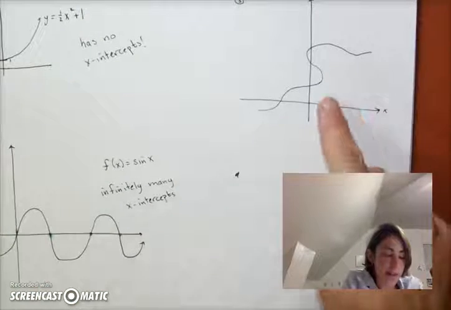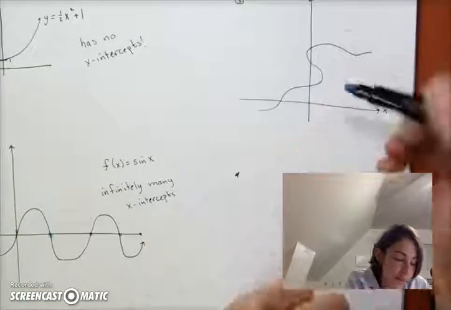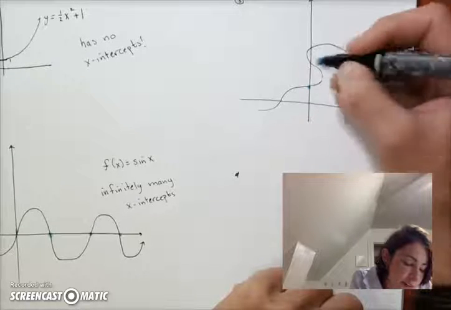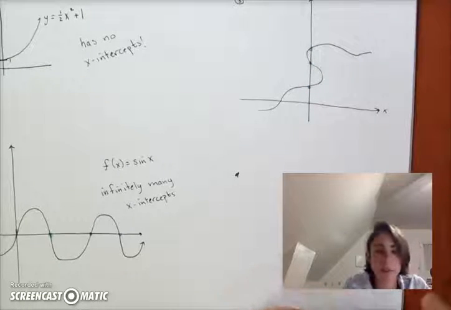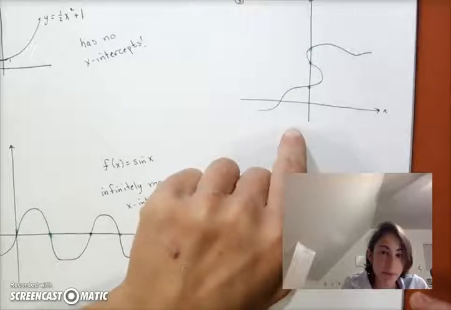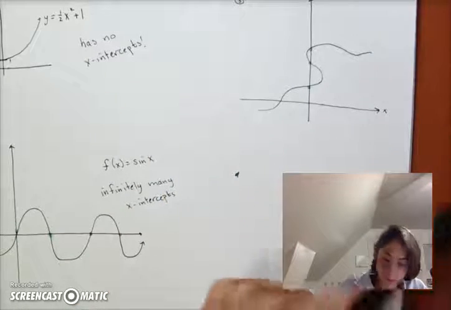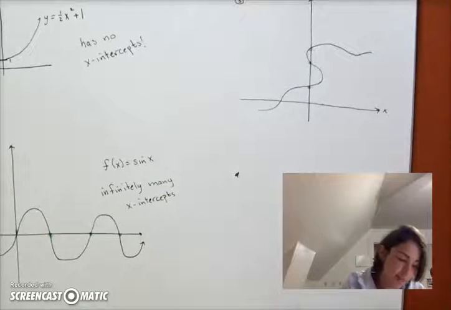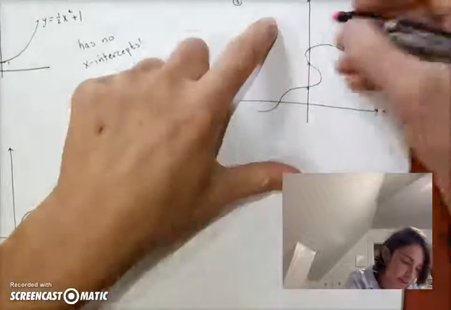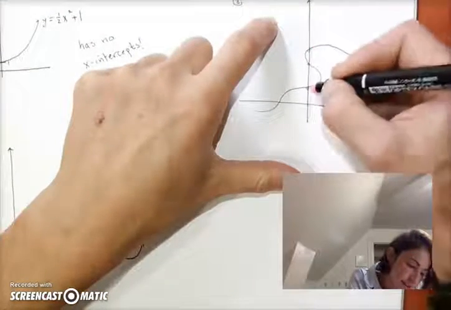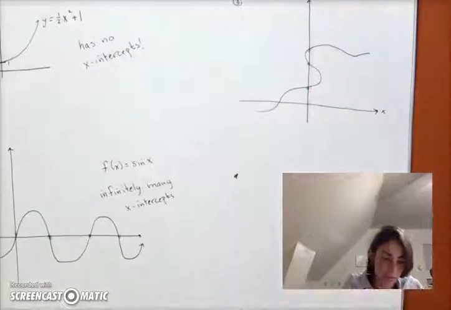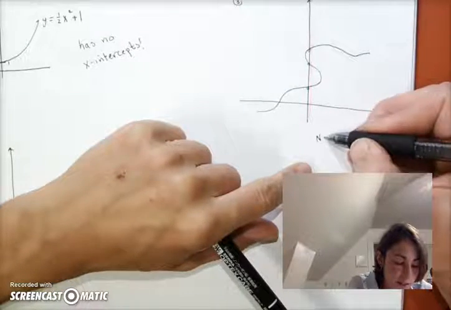But with y-intercepts, this graph has 1, 2, 3 y-intercepts. But the problem with this is it fails the vertical line test. Here's a vertical line that crosses in 3 points. So this one's not a function.